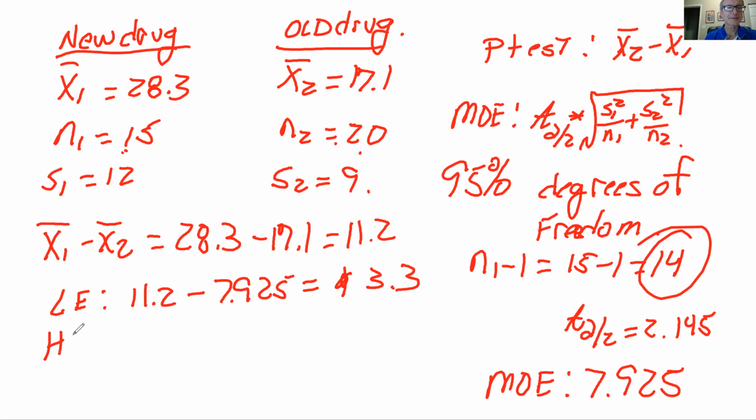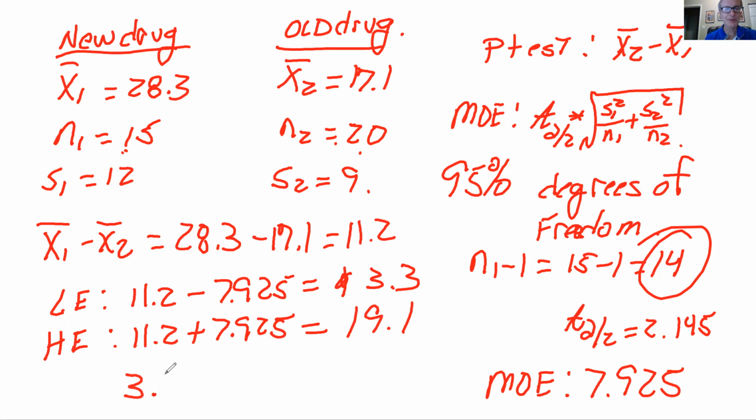And the high end would be 11.2 plus 7.925, and when you add those together and round to one decimal, you get 19.1. So our range for our point estimator is 3.3 is less than x1 minus x2, which is less than 19.1.